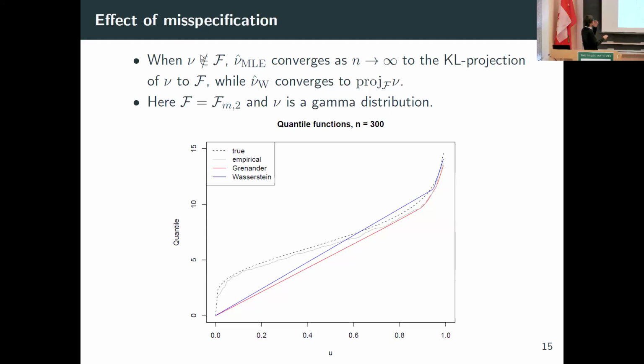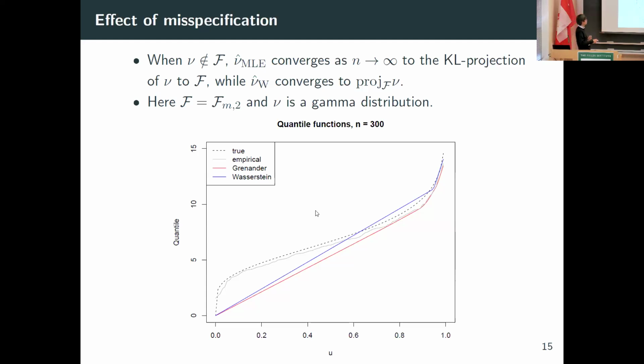Here I'm showing you the result when the constraint is a monotone constraint. Let's suppose that the true distribution is a gamma distribution. I chose a gamma distribution such that the density is unimodal, not monotone.